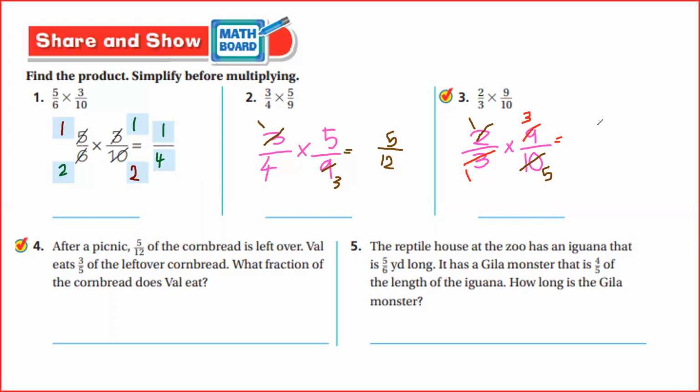Then 1 times 3 is 3, over 1 times 5, which is equal to 5. The answer is 3 over 5. Thank you, Rafif. I'm proud of you.